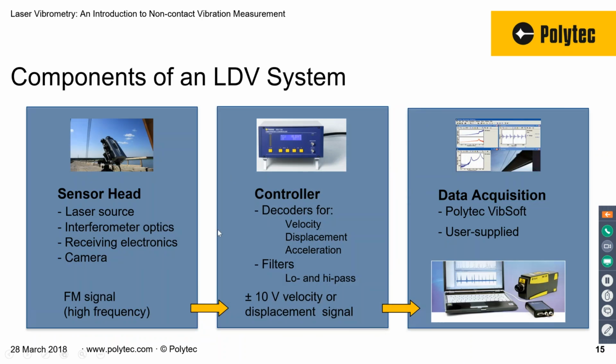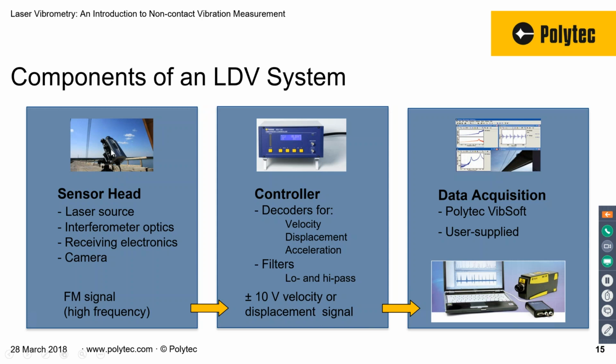So we have the typical components of an LDV. We have the sensor head, we have the control electronics, and then we have the data acquisition system. One data acquisition system we provide is the VIPSoft system, and that has integrated with it the ability to capture video, because some of our vibrometers, such as this one for outdoor long-range measurements, have a video camera built in, so that you can very conveniently see exactly where the laser is measuring without having to guess.